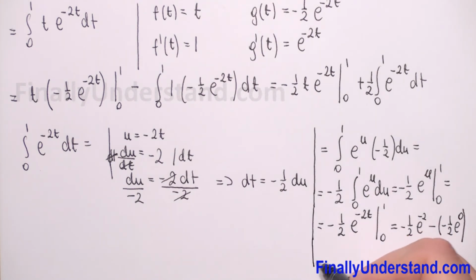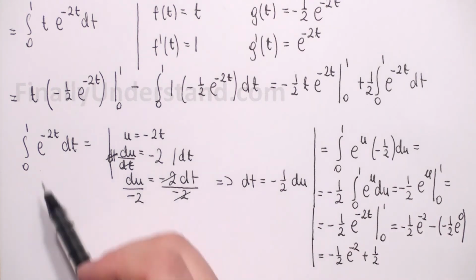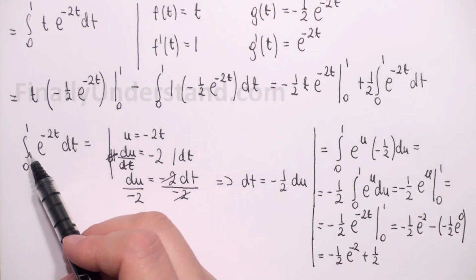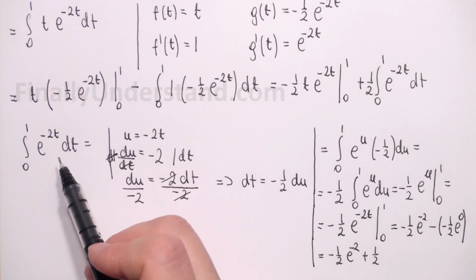So this is equal to negative 1/2 e to power negative 2. Negative and negative give us positive. e to 0 is 1, so we have 1/2 only. So this is our integral from 0 to 1 of e to power negative 2t with respect to t.